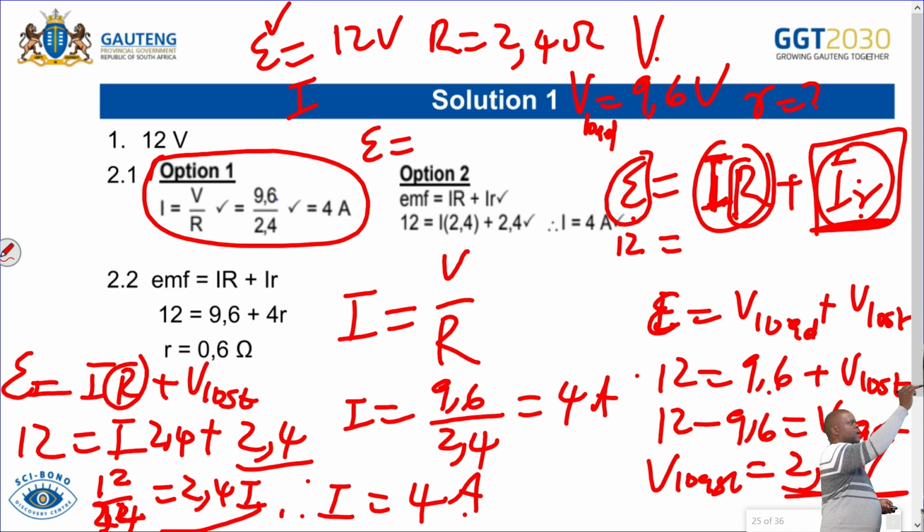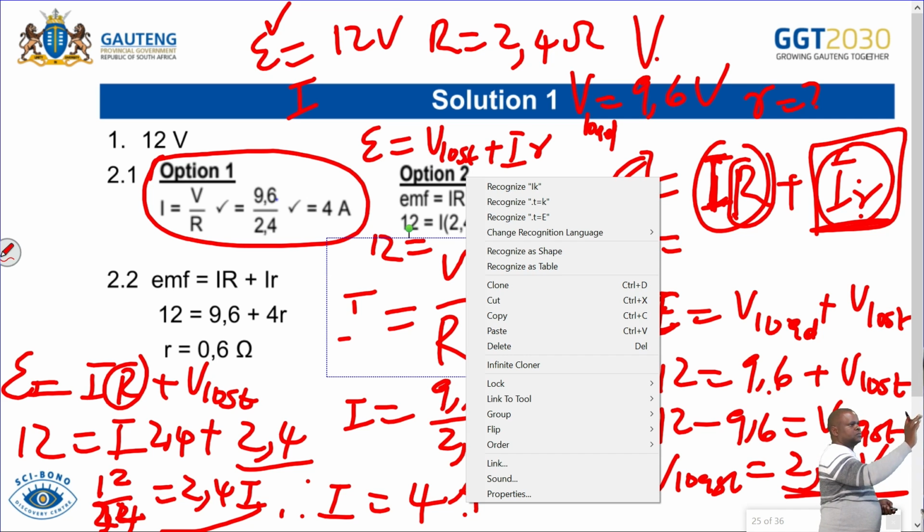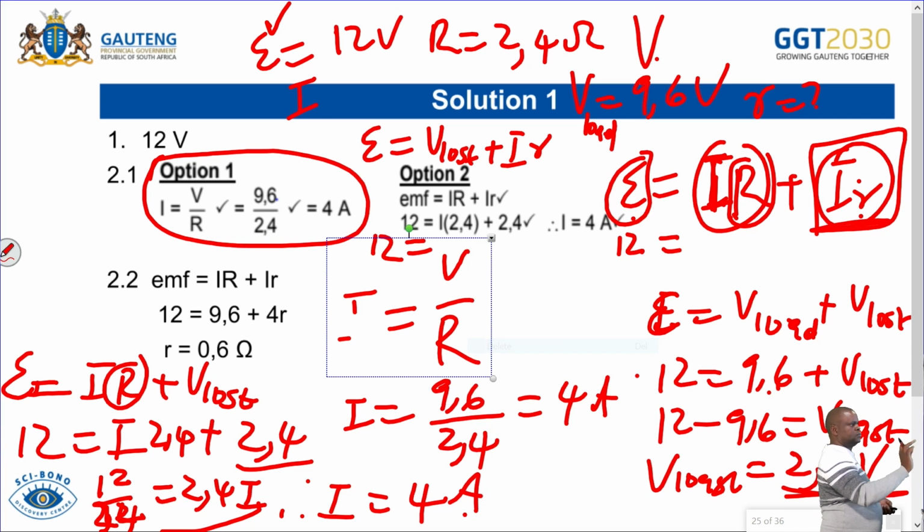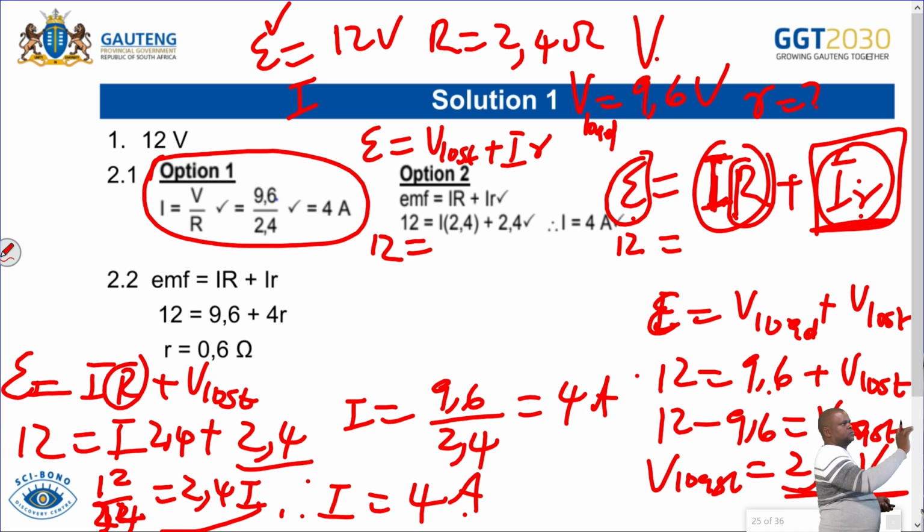E is equal to V lost plus Ir, isn't it? Then we know that E is 12. V lost, we said, is equal to 9.6.